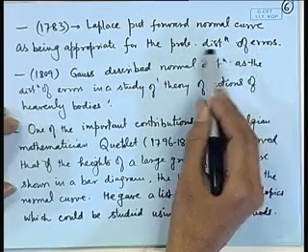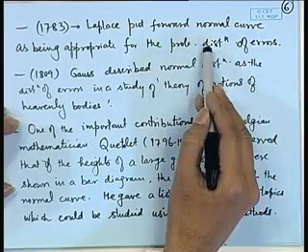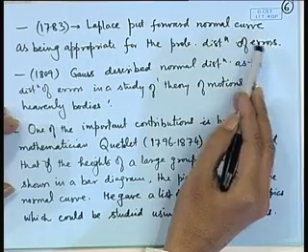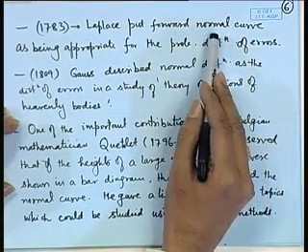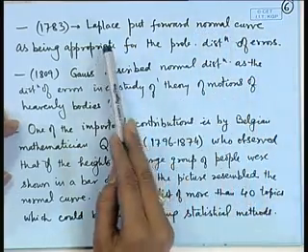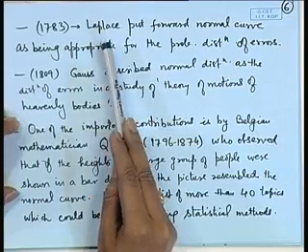Then you have several values corresponding to those errors. If we plot the frequency curve of that, it looks like a normal distribution curve, and this theory was propounded by the French mathematician Laplace.